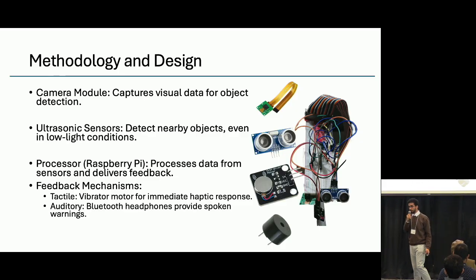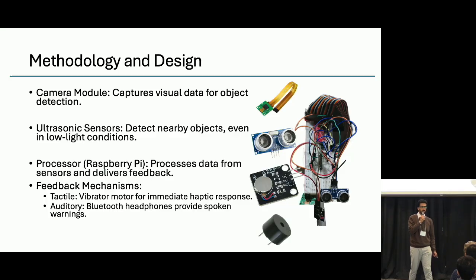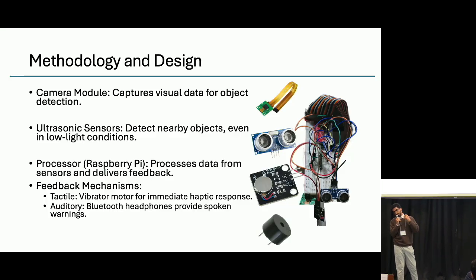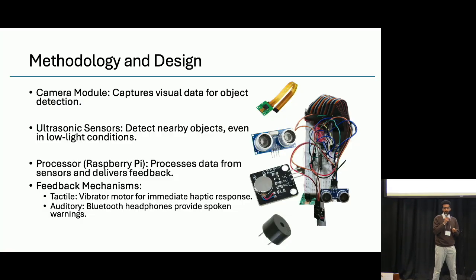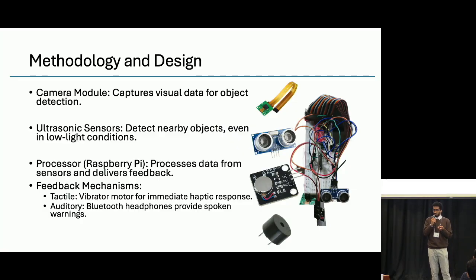To communicate with the user, I picked several methods, including the Bluetooth headphones, which are not here, the buzzer, which helps notify the user in places with high crowds where you can't hear anything, and the vibrator in places where you definitely cannot hear anything.